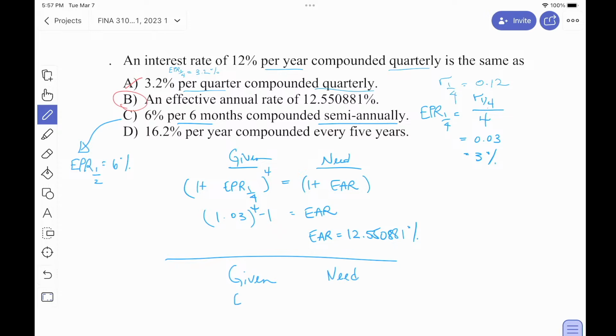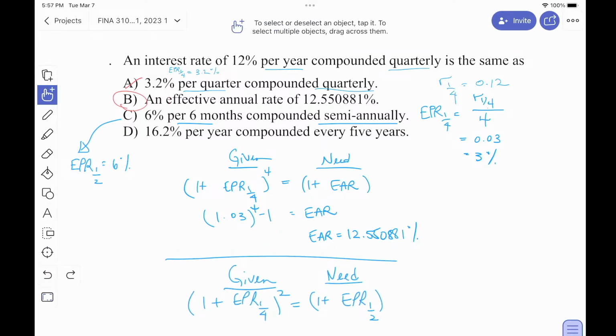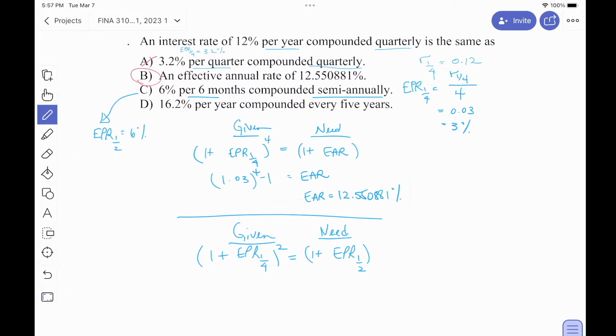So given the quarterly rate, let's find the semi-annual rate. Think about their relationship. Which one is smaller? The quarterly rate is smaller. In a quarter, there's 3 months. So, 2 quarters make a half, right? So this is the relationship between those two. So you can use the 3% that you found here and check if the semi-annual rate is 6. And it's not going to be, right? Because I can already tell it's not going to be, because we're compounding, we're not multiplying.